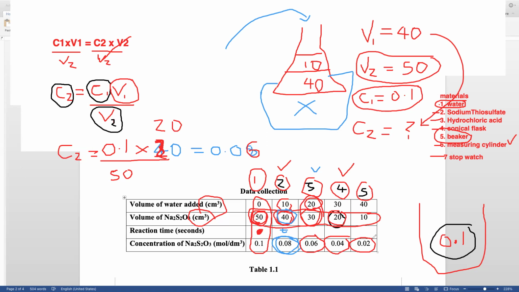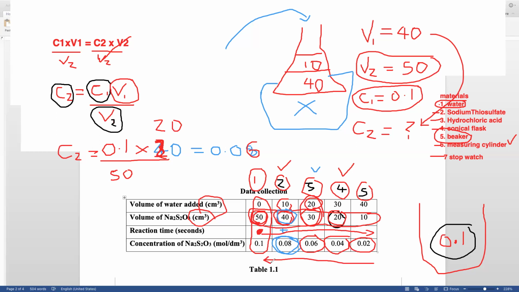Now, what conclusion can you get from here, even before we go to answering follow-up questions? When the concentration of the reactant is very high, we expect the reaction to be fast, and fast reactions take less time. That's what we expect. So we expect the time here to be increasing while the concentration is decreasing. So what type of stuff can you get from here?